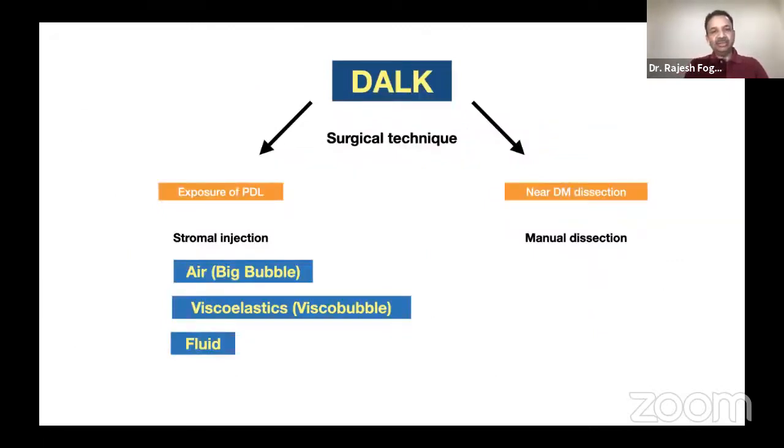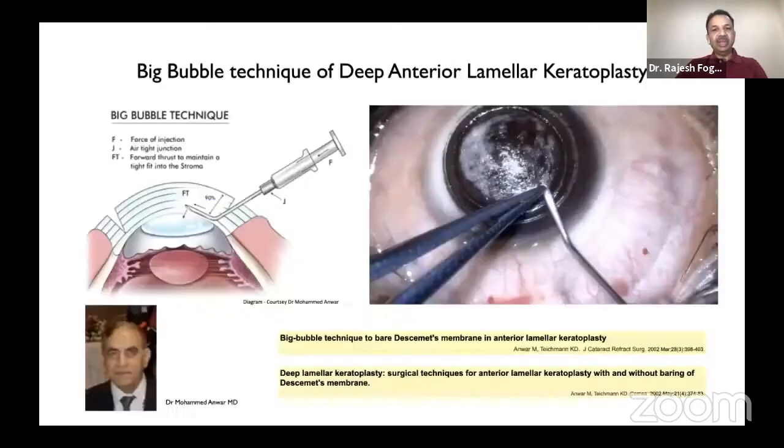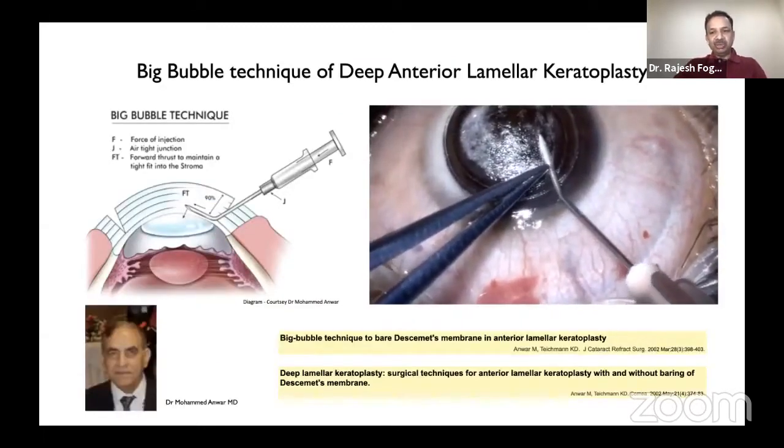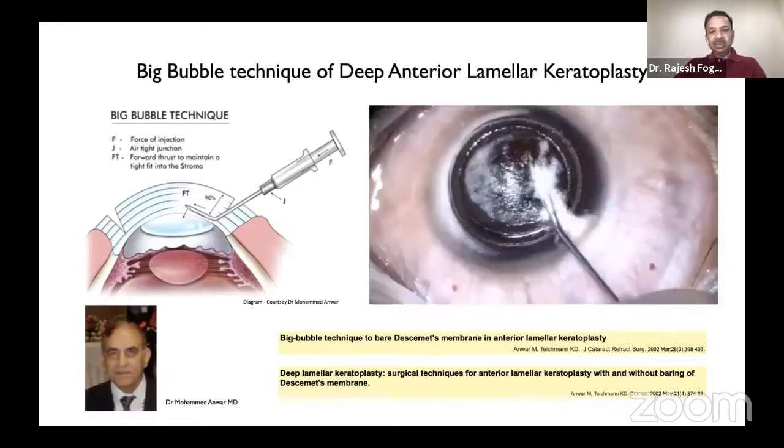Either you use stromal injection of air, viscoelastic or fluid to give exposure to the pre-Descemet layer, what was earlier thought of as the Descemet membrane, or you can do a layer-by-layer manual dissection to come very close to the Descemet membrane.